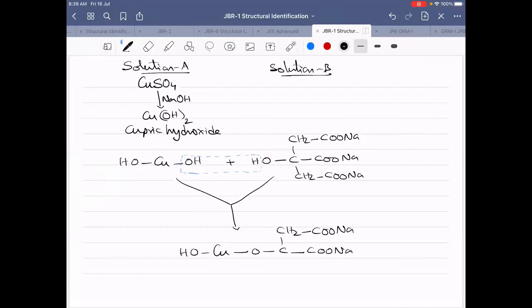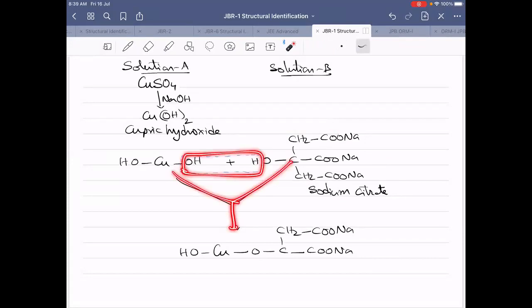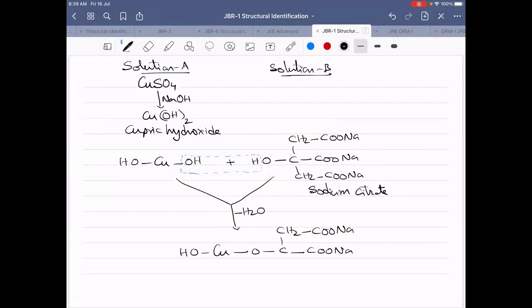What is this compound? This is sodium citrate. So these two compounds will be added so that a water molecule will be eliminated from between them, and you will be getting this compound.